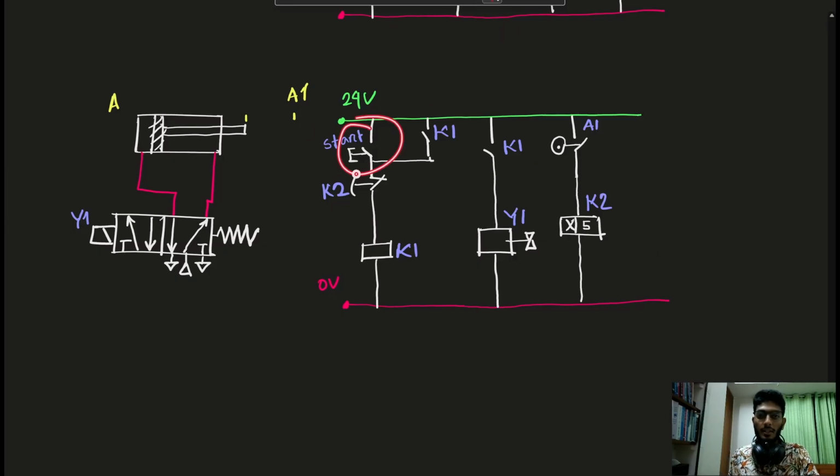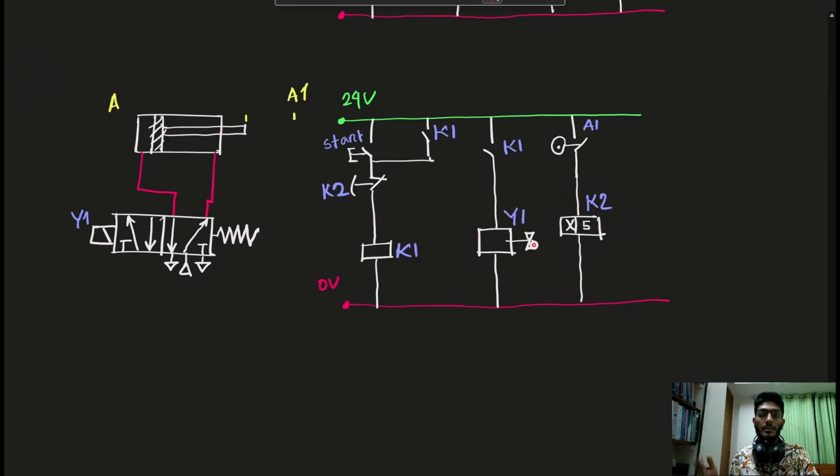So when I press the start button, this K1 energizes, a permanent connection is made. This switch is also closed. Y1 energizes, the left side of this DCV actuates, the cylinder extends to this position. This A1 position is sensed by this limit switch. It will give a signal to the timer.